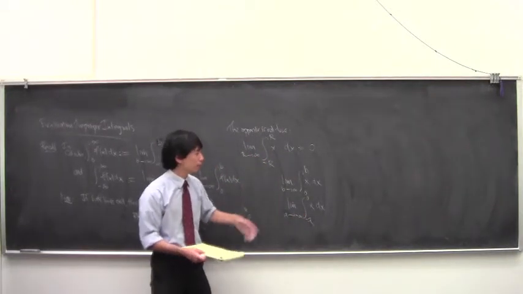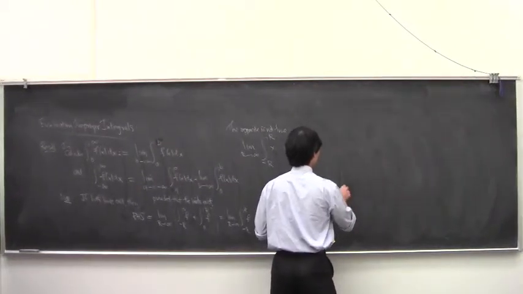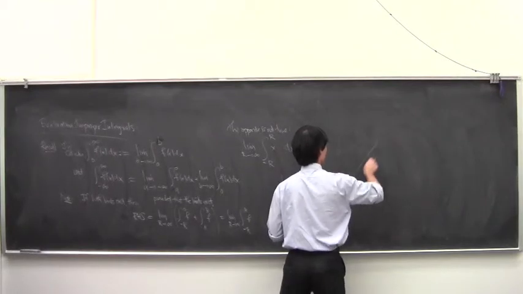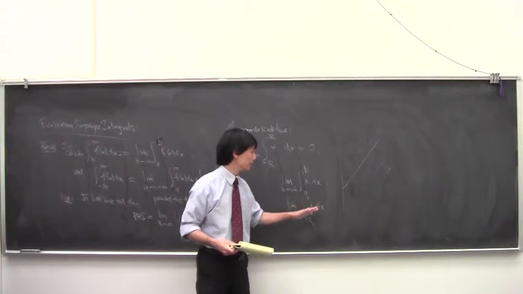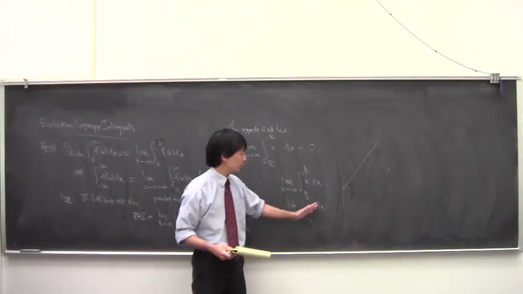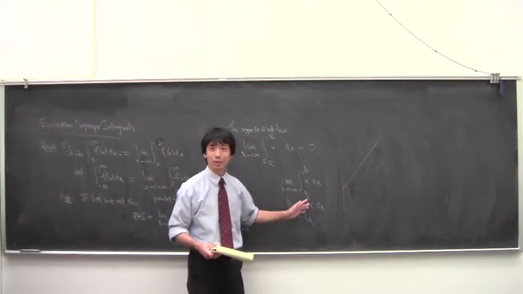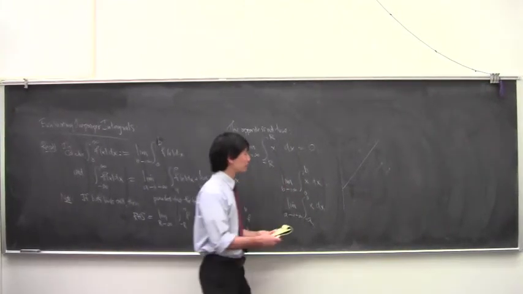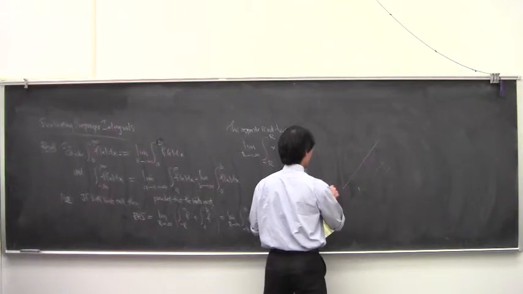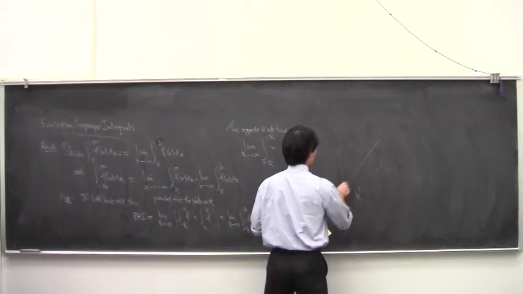This is the area under y equals x, which is going to give you some huge negative number. So neither of these limits exist, but if you integrate symmetrically, then you always get 0.